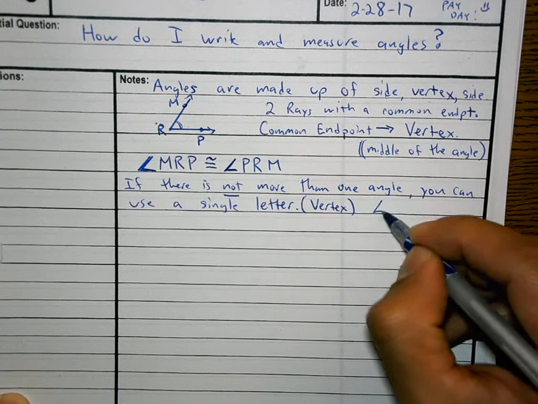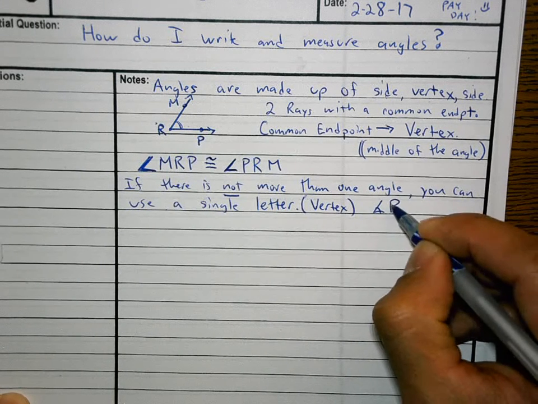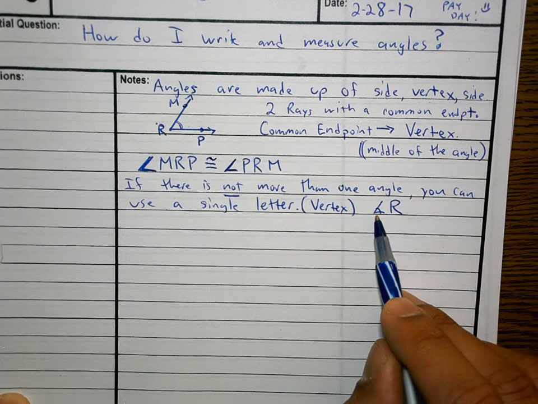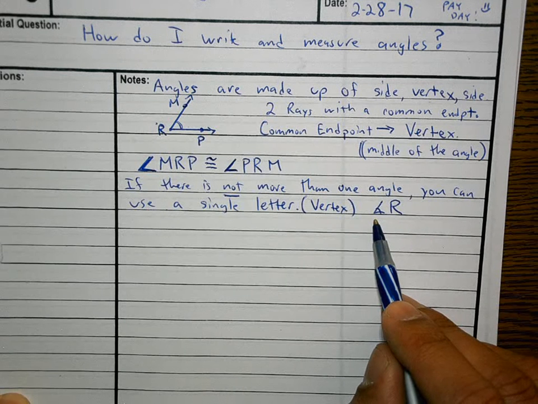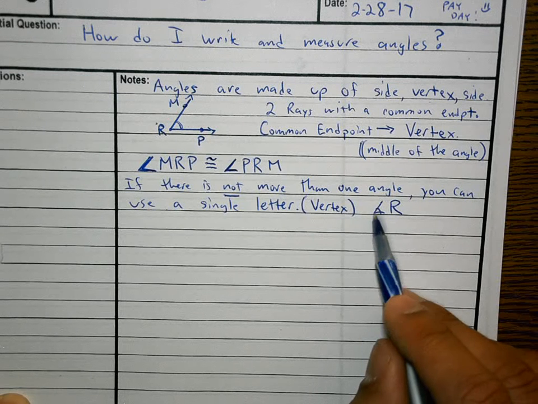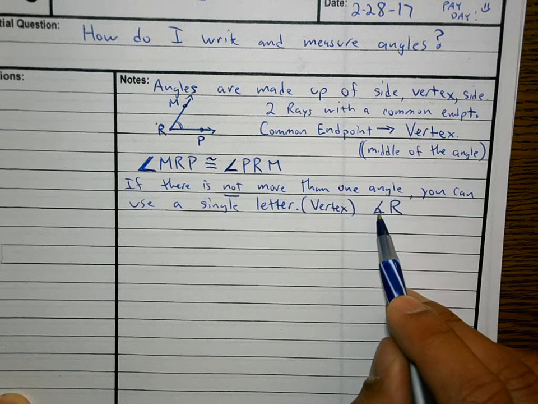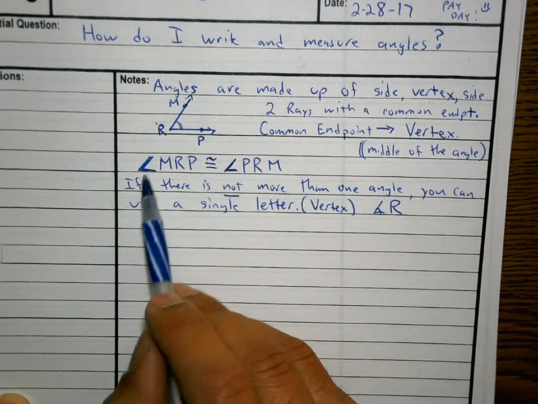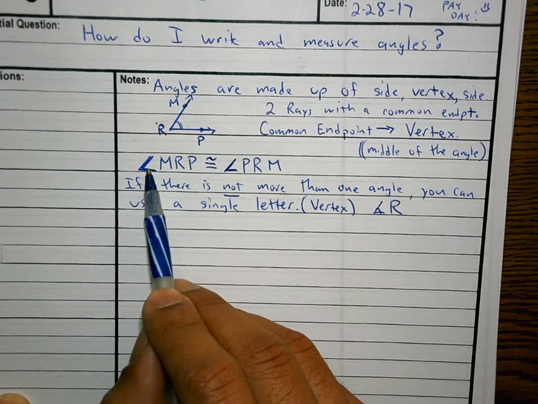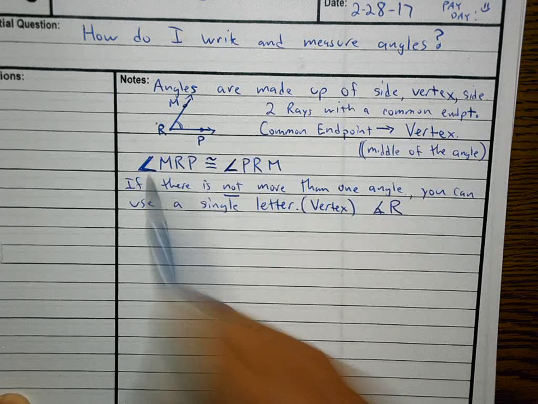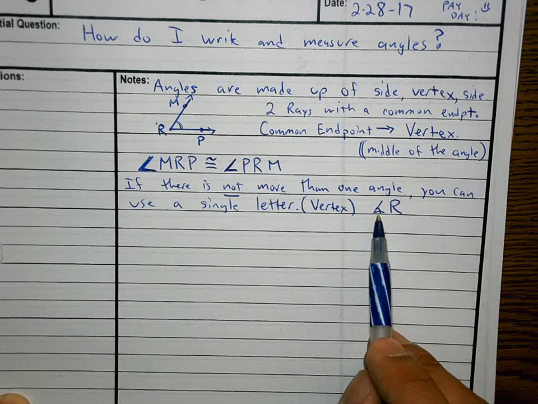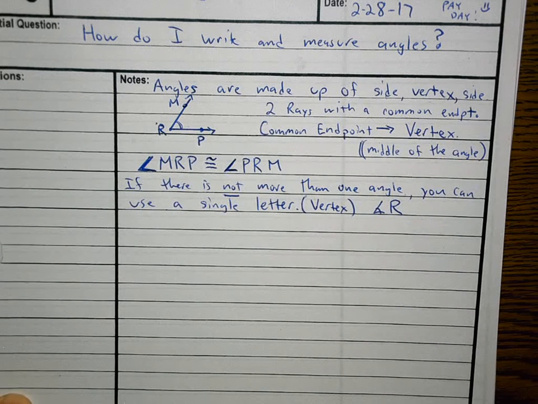This is angle R. Sometimes in order for me not to get confused that this angle symbol is an L, I use this angle with a little arc on it. It means the same thing. It's an angle R. Sometimes you're going to make your angles like this, but sometimes I look at those and those look like L's or less than symbols, and this angle has a little arc on it. Sometimes I'll write it like that, and they mean the same thing interchangeably.